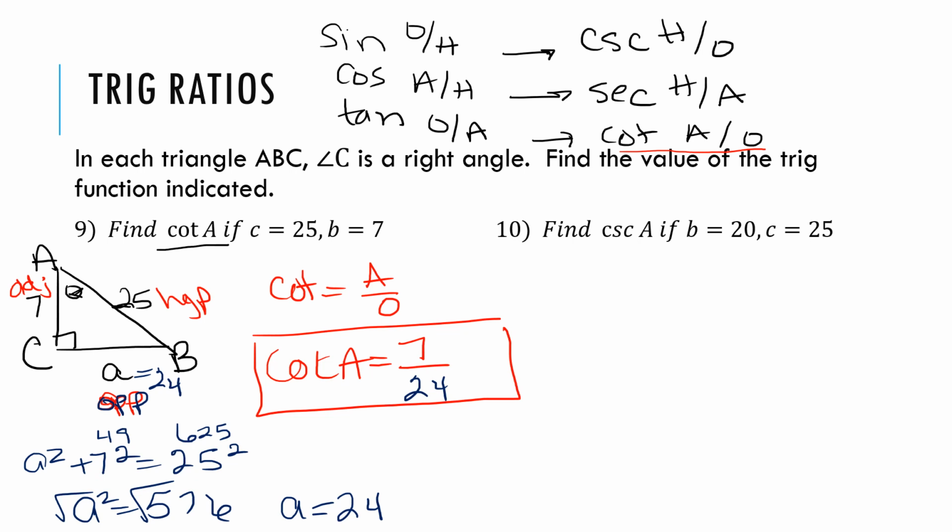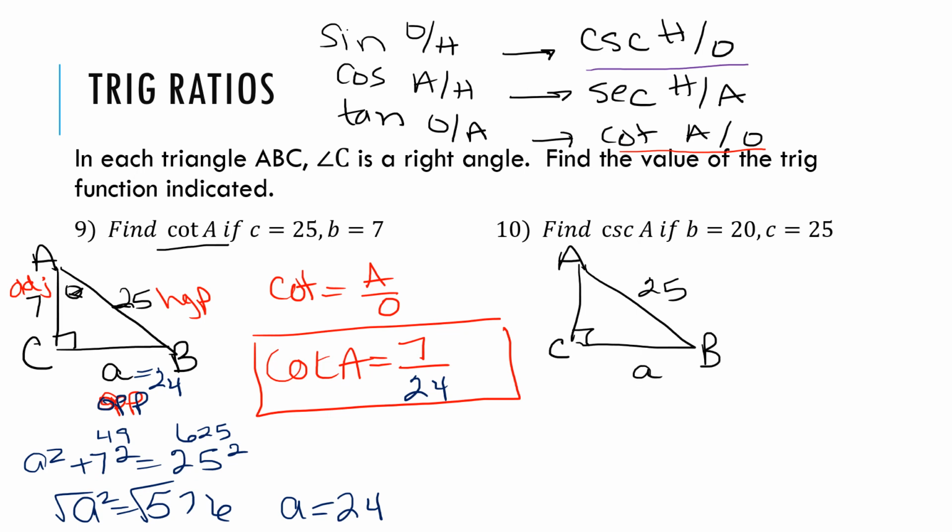Our next one: find cosecant of angle A if B is 20 and C is 25. Cosecant in this case is the hypotenuse over the opposite. Let's draw a picture and see what we have. Drawing our triangle, there's angle C, my right angle. Its side length is 25. Angle A I'm putting up at the top again, so side A is down at the bottom.